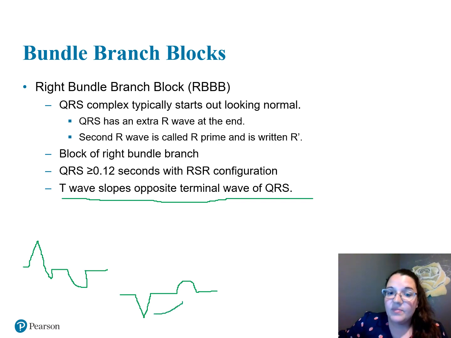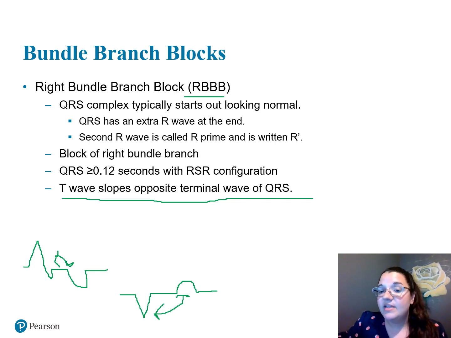So I am opposite. So if I have an R prime and my T wave is opposite of my QRS, I could have a right bundle branch block. Make sure you write that down and know that. Again, if my T wave is opposite of my QRS and I have an R prime, I could have an indication of a right bundle branch block, an RBBB.